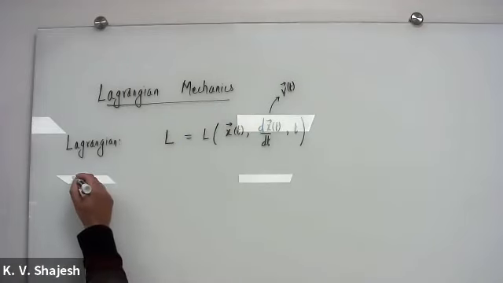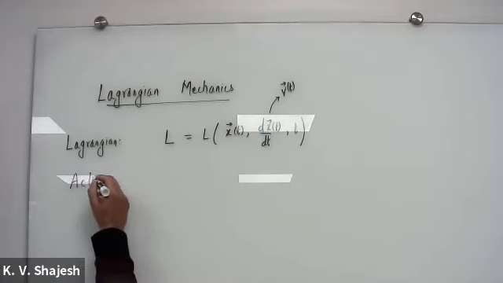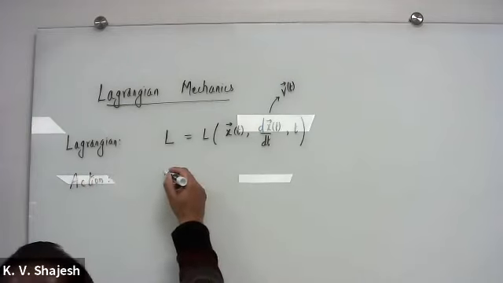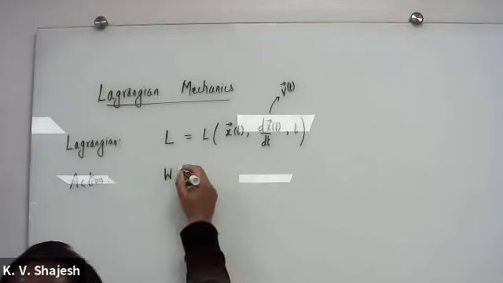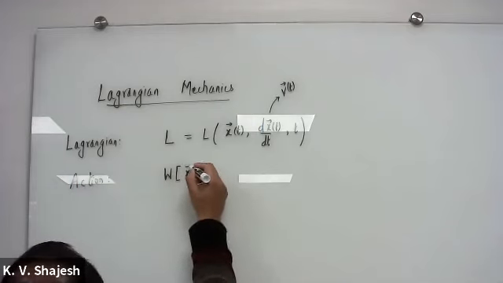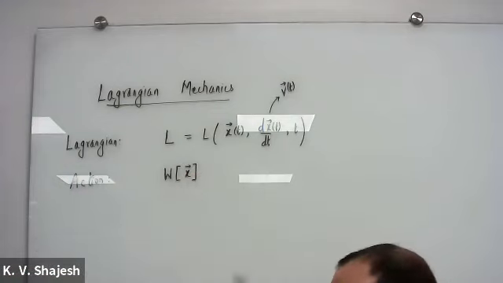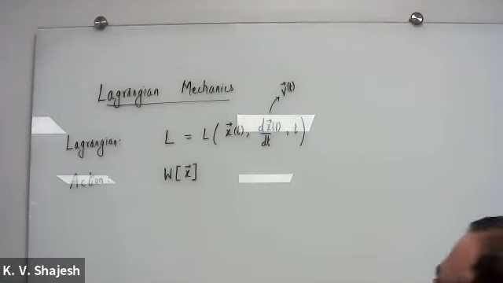Once we have the Lagrangian, we say the action is defined as, I think I use the letter W, and this action is a functional of the vector x. We have talked about one variable; this vector x is just a generalization into three variables, x, y, and z.